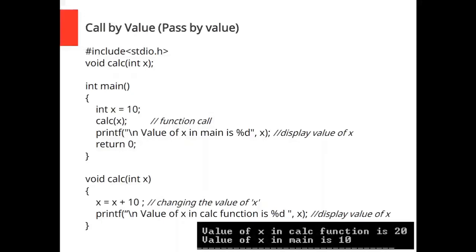The value inside the main is not changed since we have copied the value while calling the function calc. So any changes within the calc function only affect that copy or the new stored value, and have not made any change to the value inside the main function.